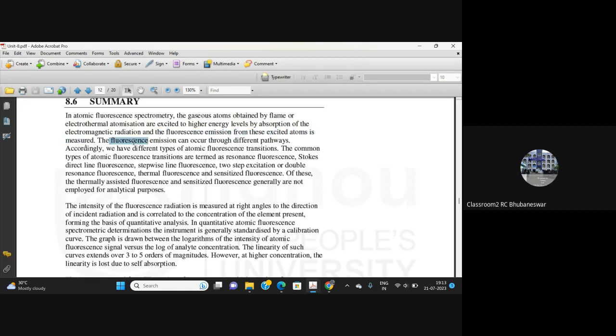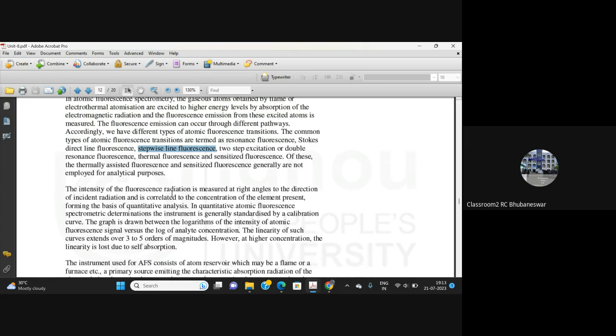The fluorescence emission can occur through different pathways. Accordingly, we have different types of atomic fluorescence transitions. The common types are known as resonance fluorescence, Stokes direct line fluorescence, and stepwise line fluorescence. These are various techniques, different types of fluorescence.